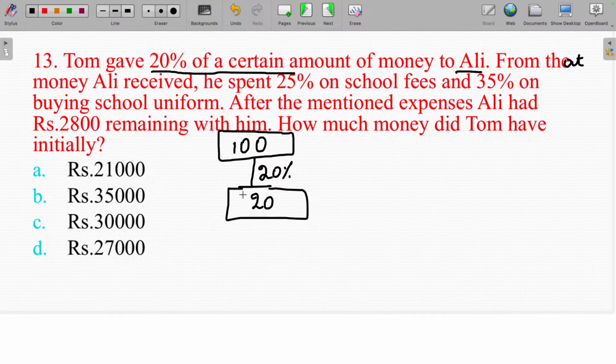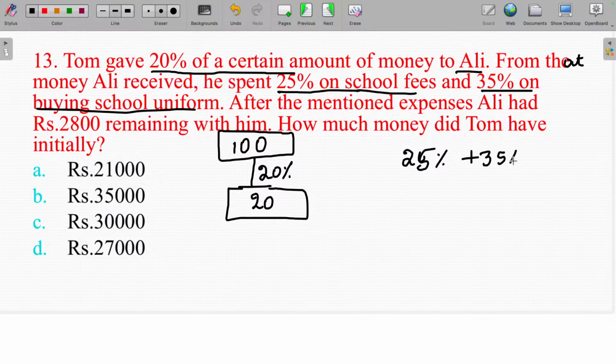Fine. From this amount, he spent 25% on school fees, 35% on buying a school uniform. Which means from this amount, 25% plus 35%, he spent 60%. Yes or no? From 20 rupees, he spent 25% plus 35%.